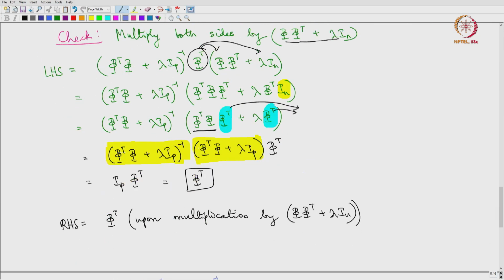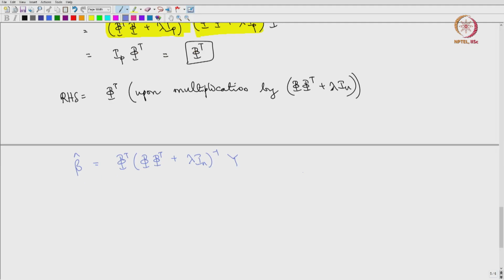I hope you understand how we got this expression. Now this equation has a really nice interpretation. This here, phi transpose, is a matrix of size p by n, and this whole thing here is actually a vector of size n by 1.